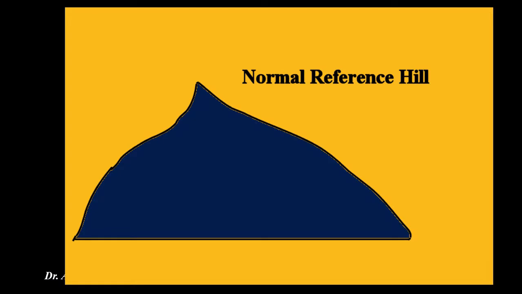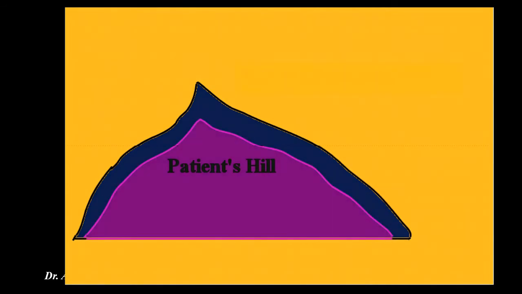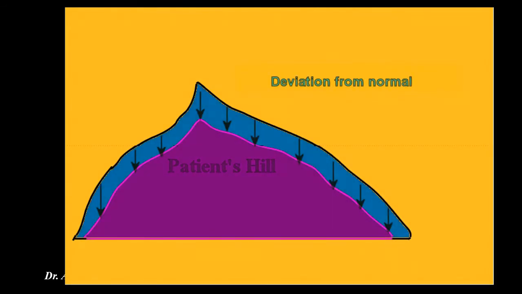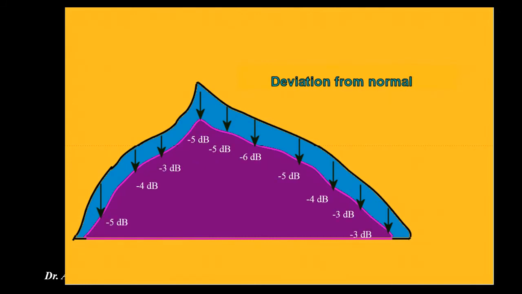If this is the normal hill of the vision, and these are the values of the patient, and we want to know the deviation of the patient from the normal, so the difference between each test location and the normal is recorded. Then we want to have one value to represent all these differences.